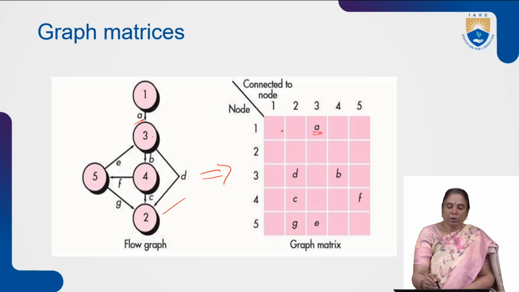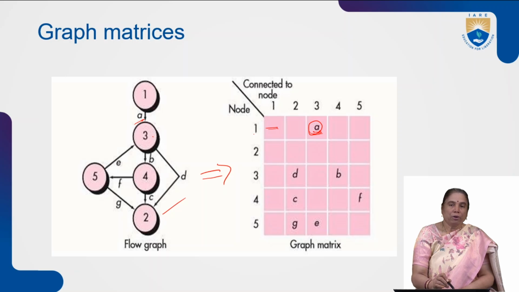If there is no connection, then no weight must be represented in the graph matrix. Like this, the graph matrix must be constructed from the control flow graph. In order to calculate the cyclomatic complexity, if there is a weight, it is represented as 1, and if there is no connection, it is represented as 0.